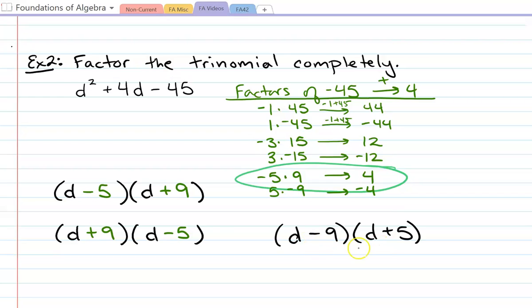If we check using multiplication, because factoring is undoing the multiplication process, we get d squared minus 9d plus 5d minus 45. Combine like terms in the middle, that gives us minus 4d. So this is not the same thing.